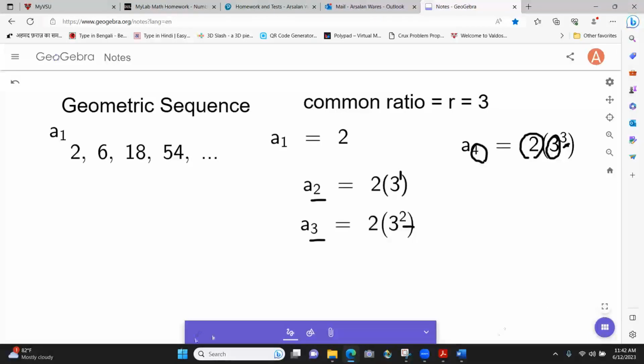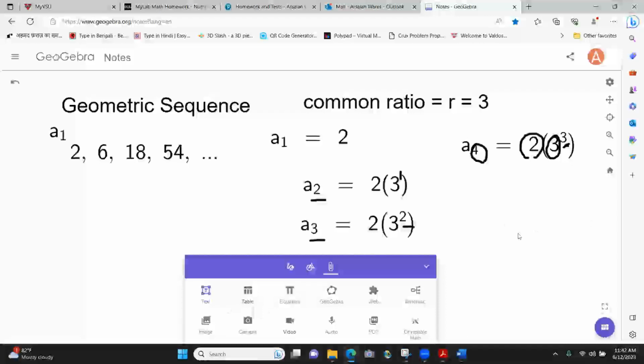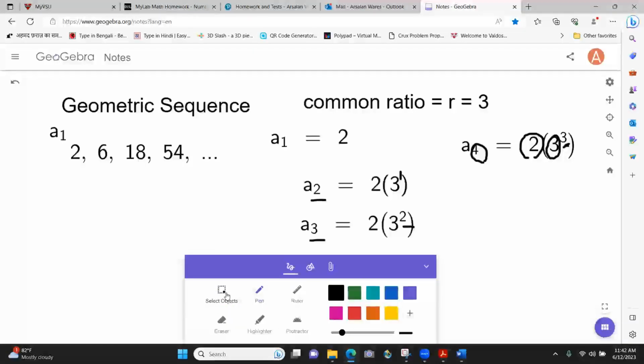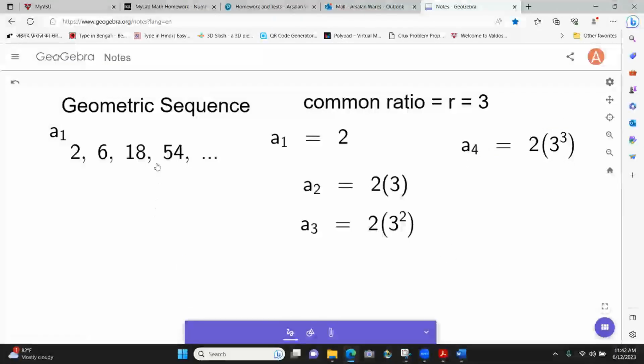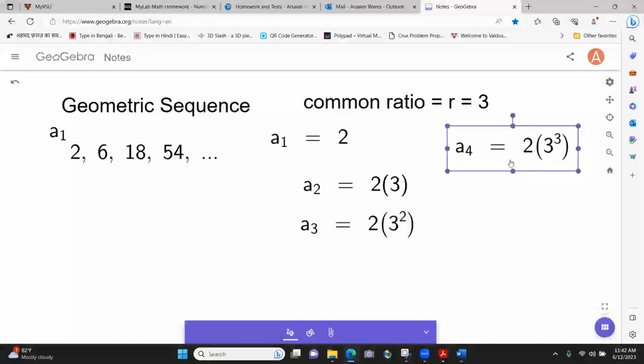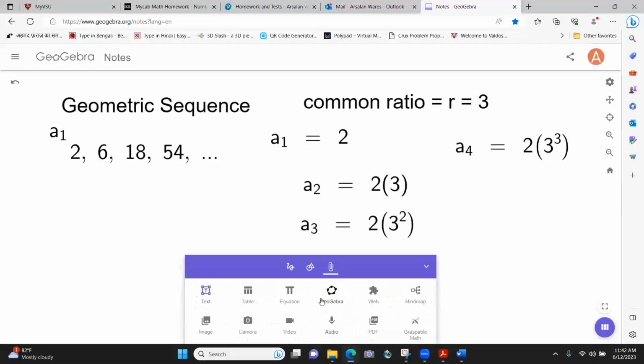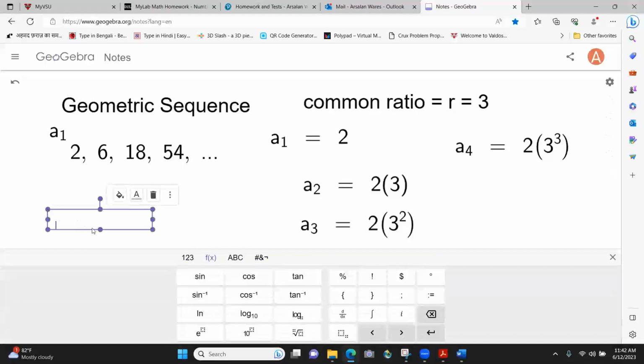So we are going to give you guys one more formula that you want to know. So for instance, let me get rid of this. I give you the same geometric sequence and ask you to find the 100th term. Well, the 100th term, take this. We're going to write the formula that you want to know.